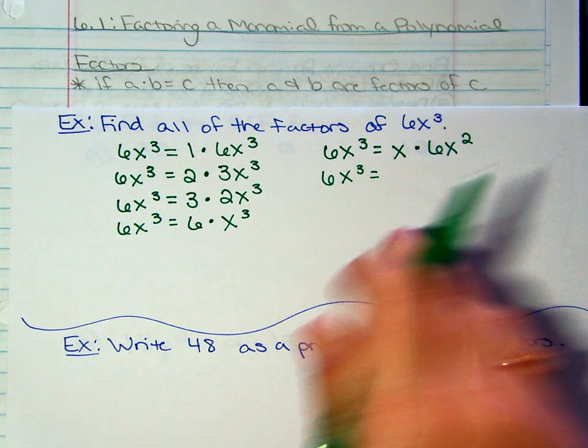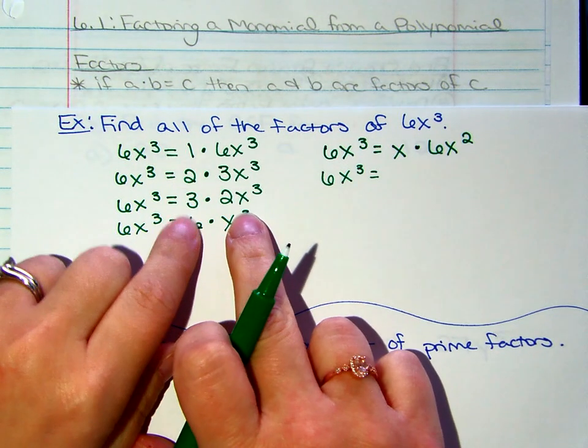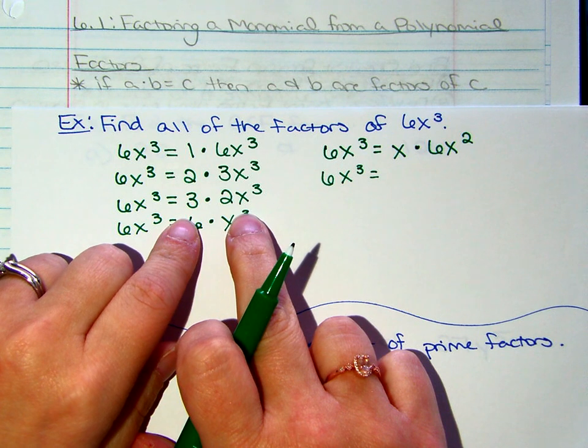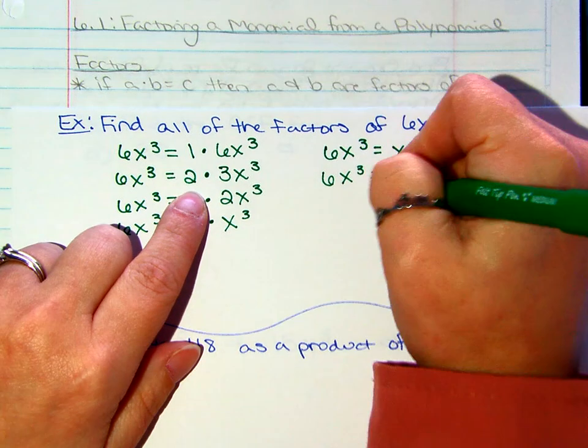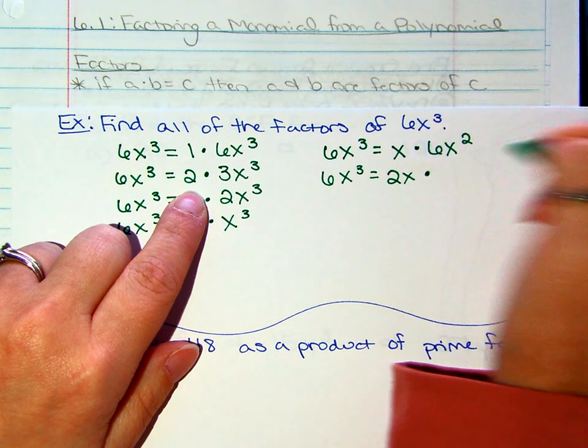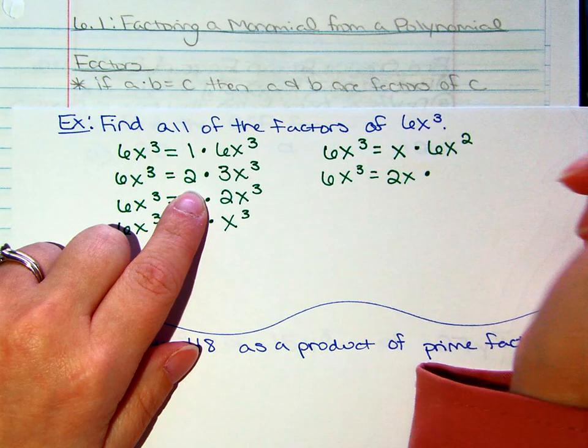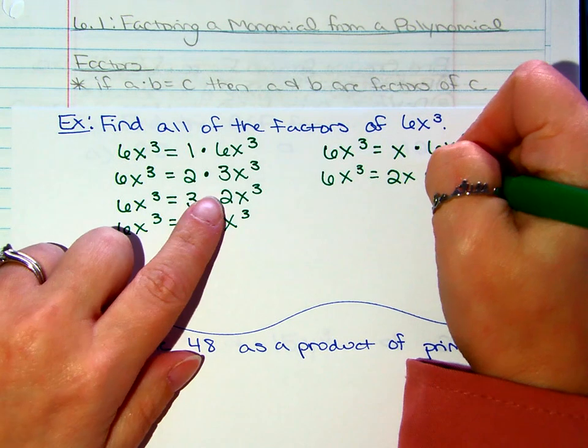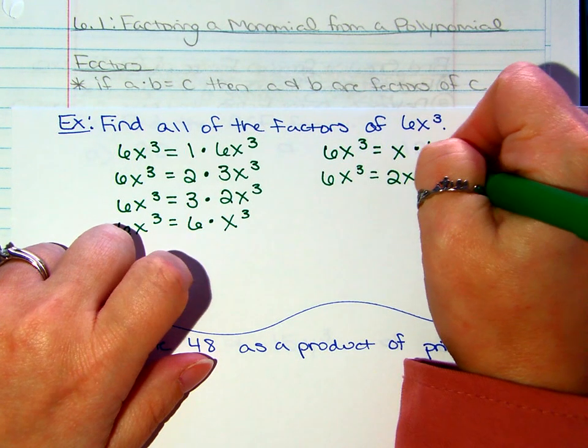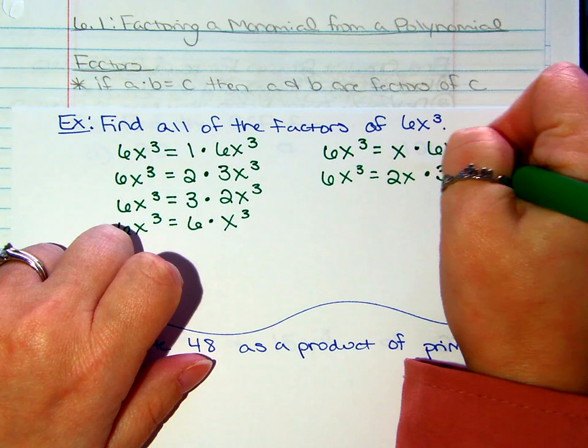Now what if, because I'm going to try and go in the same pattern that I went here, just to keep it simple, I pull out a 2x? 2x times what will give me 6x to the third? 3x squared, yeah.